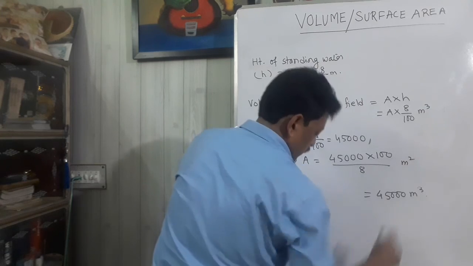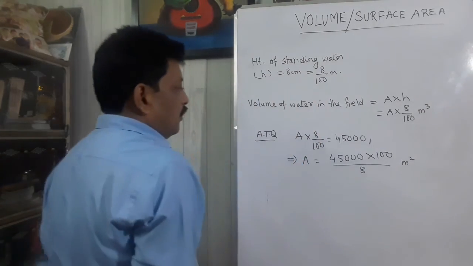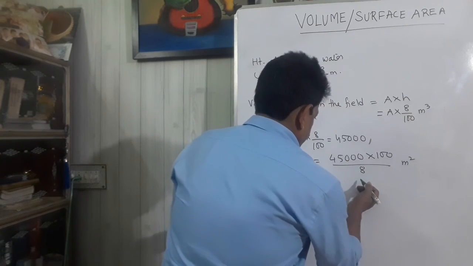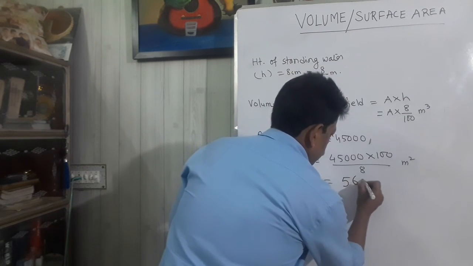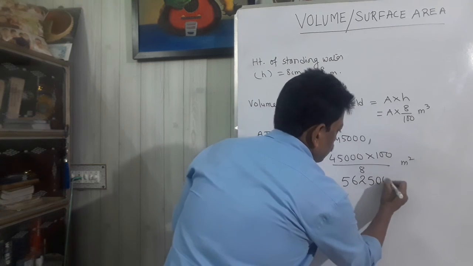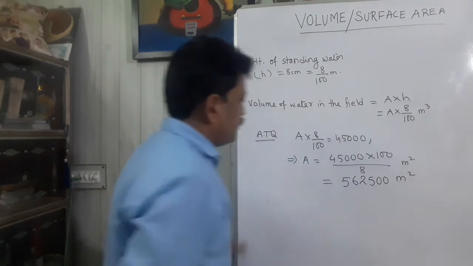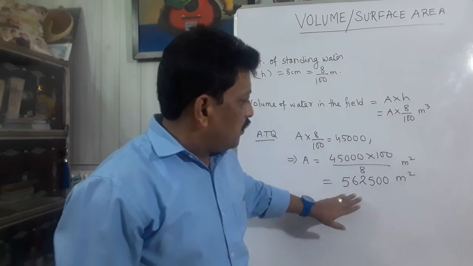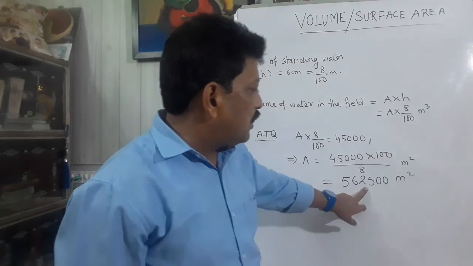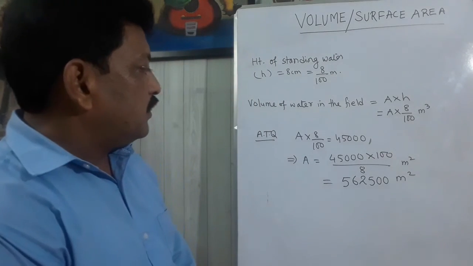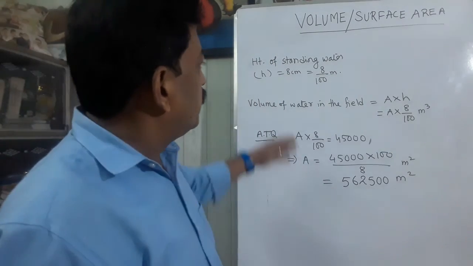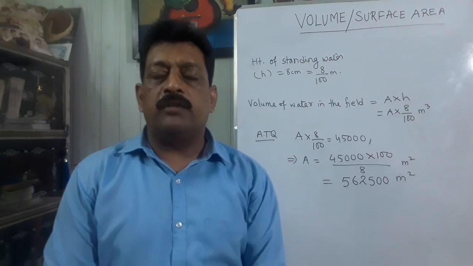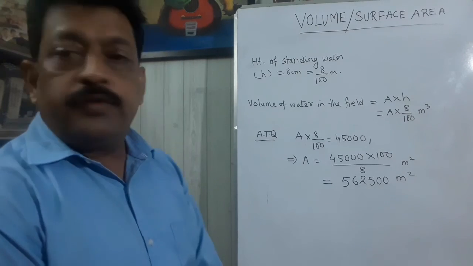This will be in meter square. So it is 562,500 meter square. So this is the area of the field, that is 5,62,500 meter square area will be irrigated by this water flowing through the canal in half hour, that is 30 minutes. Okay, so hope you have understood.